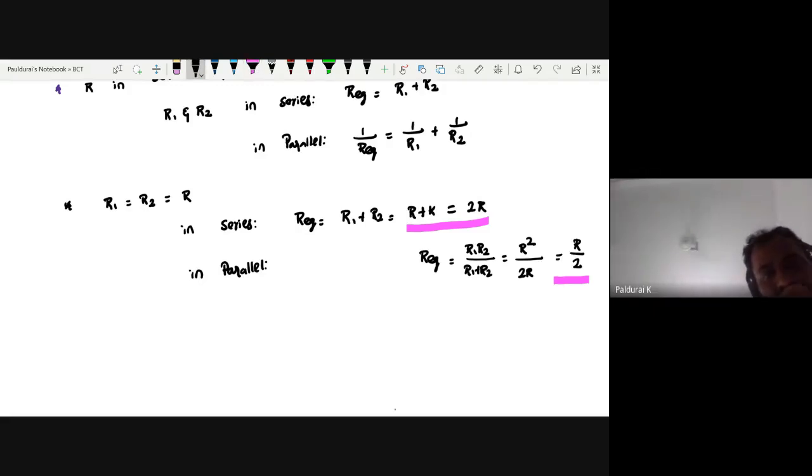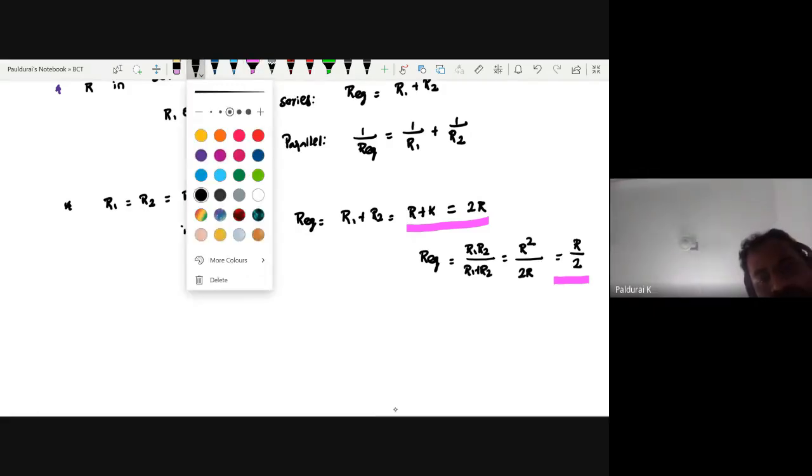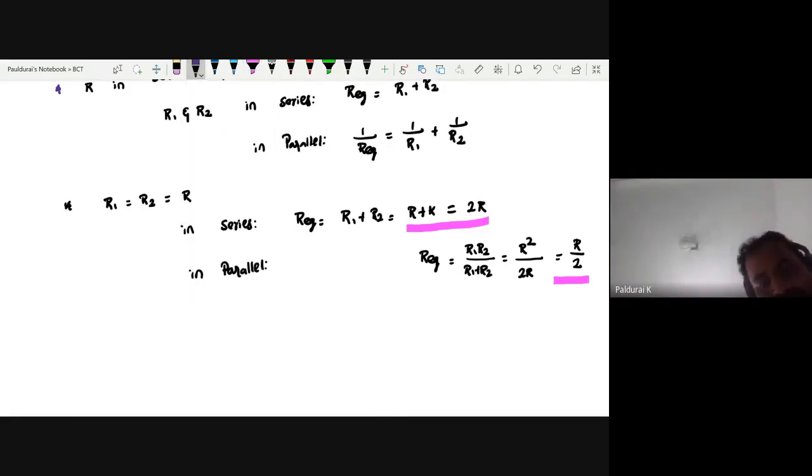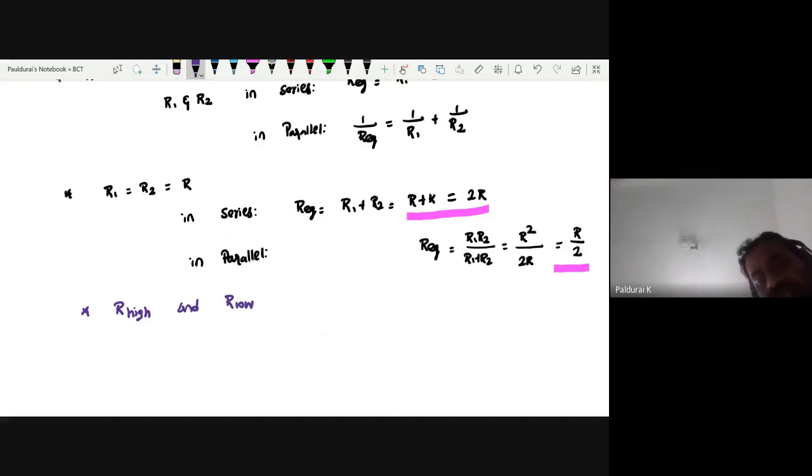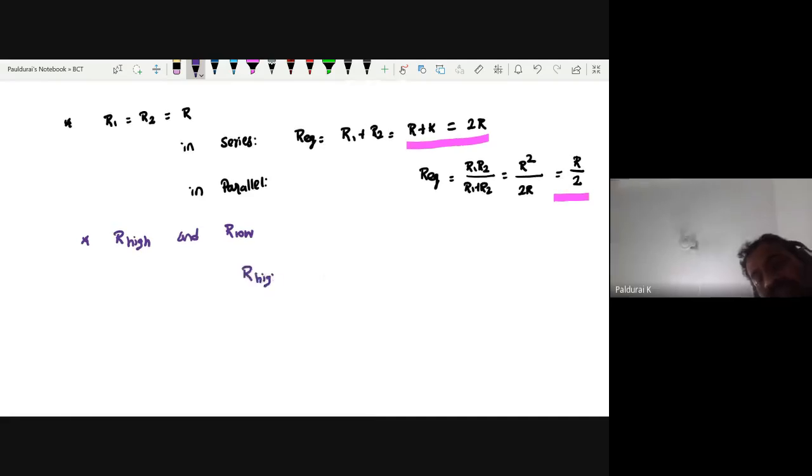So that is the second conclusion. The next point is very important. If you take one high resistance R high and one low resistance R low, and connect these two in series, what is the equivalent resistance?